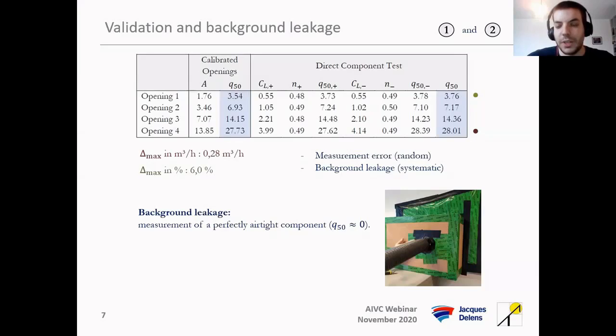So the air leakage rate at 50 Pascal would be much lower than my range of measurement, and then I can assume it equals 0.